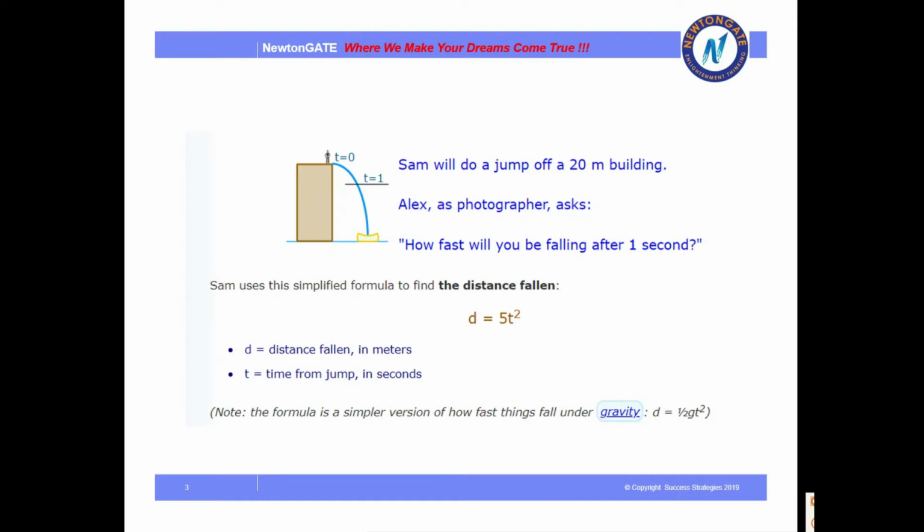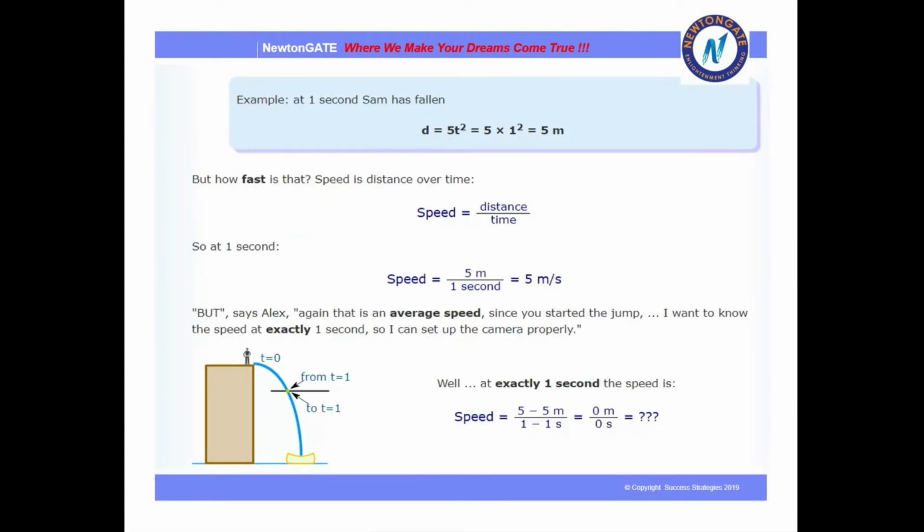Now Sam uses a very simple formula, d equal to 5t square, which comes from the formula d equal to half g t square, where we are taking g to be 10. So applying that formula, gravitation is doing its own work, so the distance he will fall is 5t square. So at 1 second Sam will have fallen 5 into t square, that is 5 meter.